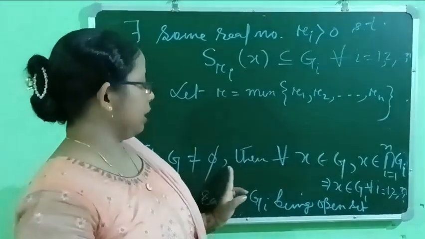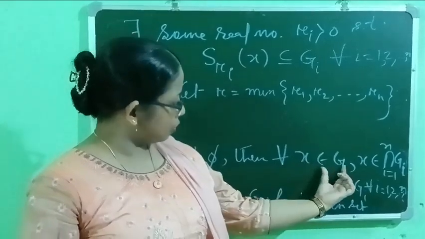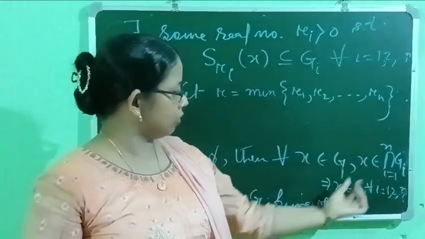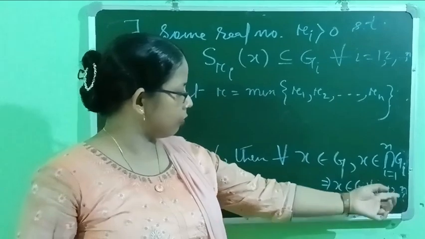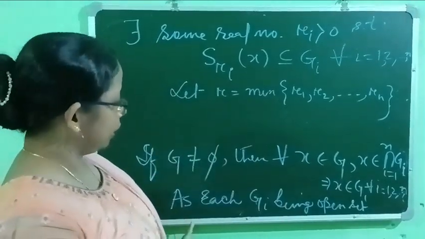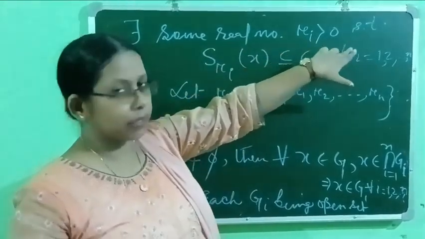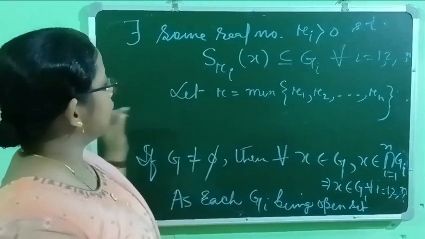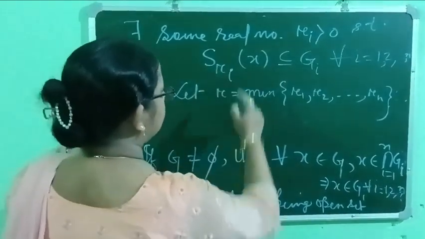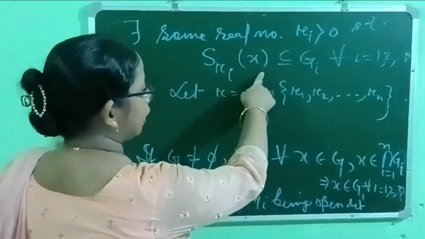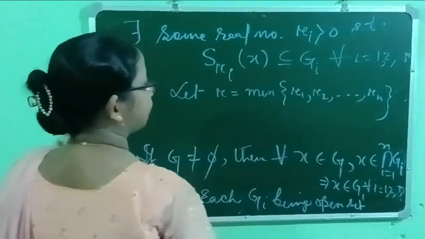If G is not empty, then for all x belongs to G, x belongs to the intersection. That means x belongs to Gi for i ranges from 1 to n. Gi being an open set, there exists some real number ri greater than 0 such that S_ri(x) is contained in Gi.